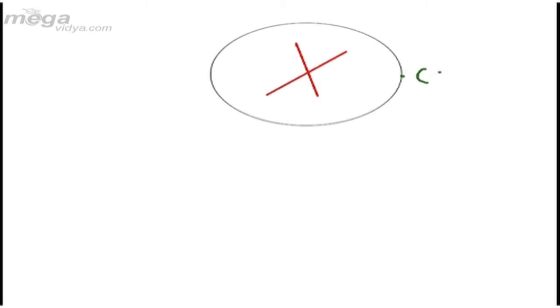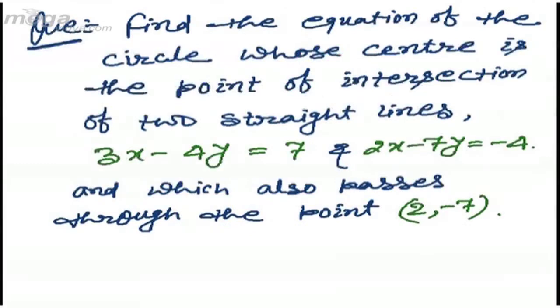Now here this is the center, and that center we will find out by solving these two straight lines, because it says whose center is the point of intersection of two straight lines, these two, 3x minus 4y equal to 7 and 2x minus 7y equal to minus 4.